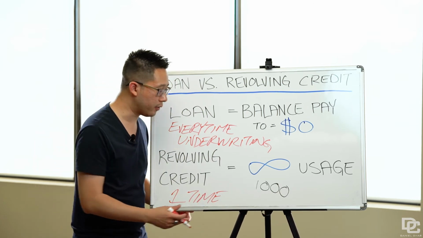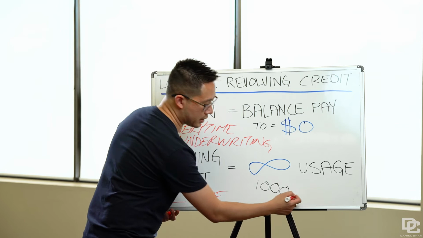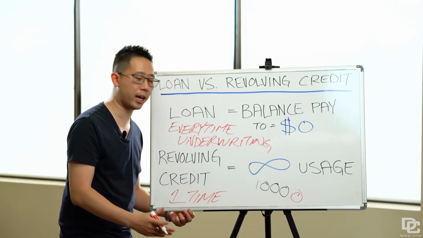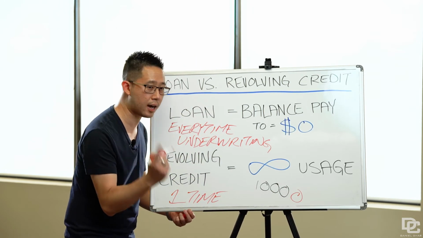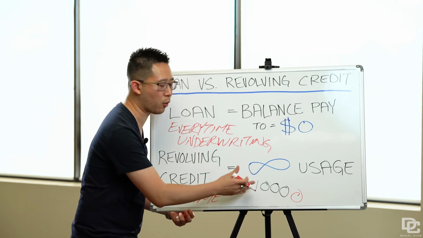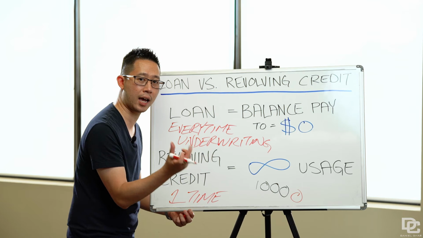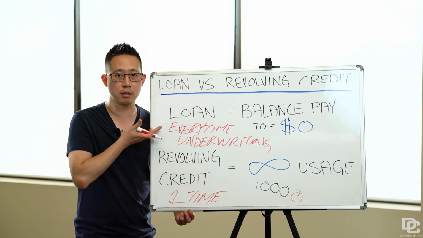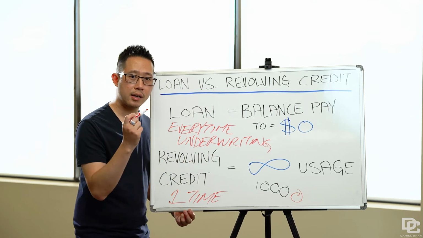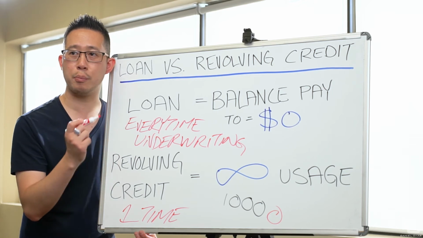If you have a $1,000 limit or a $10,000 limit, you only have to be underwritten one time to have that limit, and you could buy whatever you want as many times as you want for the life of having that product. Anytime you get a loan, you must underwrite every single time you apply for that loan.